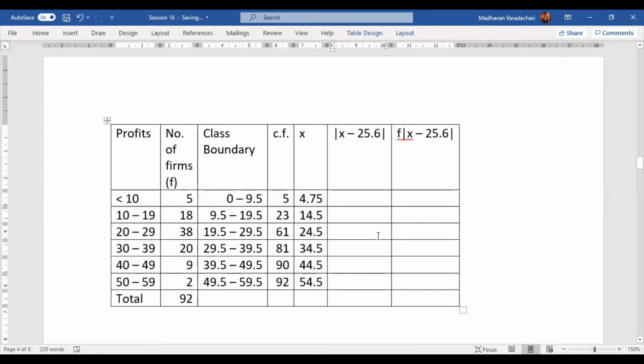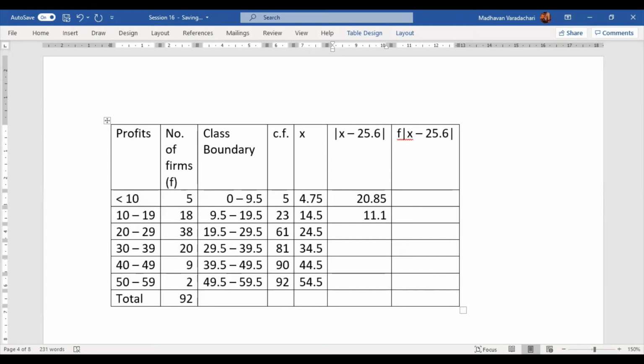Right. So now here, x minus 25.6 means 4.75 minus 25.6. You get 20.85, and since there is a modulus, even though it is negative, I am writing it as positive. Next one, 14.5 minus 25.6. I get 11.1 negative, but I am not writing negative because it has a modulus.